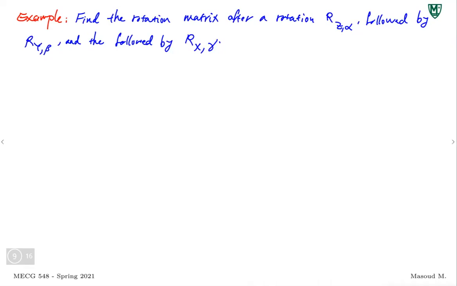So it's just a series of multiplications. You already know what R Z alpha is in the form of.